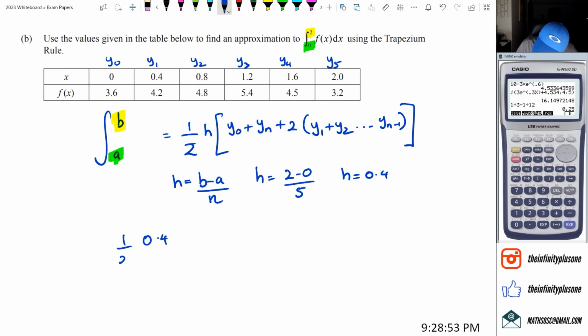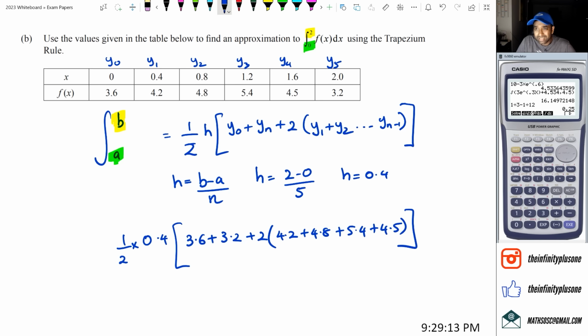So is it half h? Yes, so half times h, and then we've got to do all of this. y0 is 3.6 plus the very last one, 3.2, plus 2 times 4.2 plus 4.8 plus 5.4 plus 4.5. I kid you not, no matter how many times I do these trapezium rule questions, I somehow always make a mistake somewhere, and I'm hoping today is not that day.